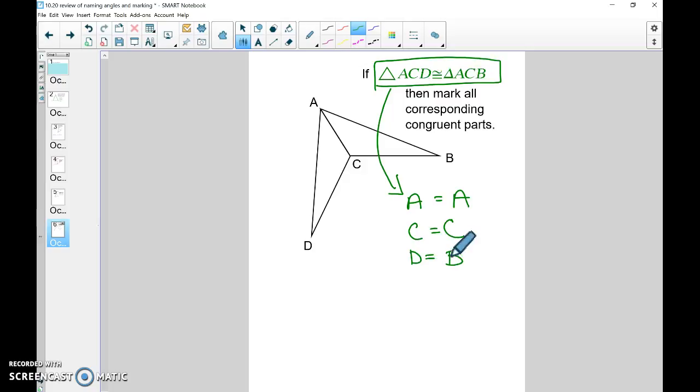So here's how I know what letters should go with what. So let's start with marking up all the angles in red. We'll do red angles first. So angle A should go with angle A. Well, if I'm looking in just the left-hand side triangle, A is just this little tiny angle right here. And it should match up with A in the second triangle. So ACB, if I look at that, the A spot is this angle right here. So those are now marked as equal.